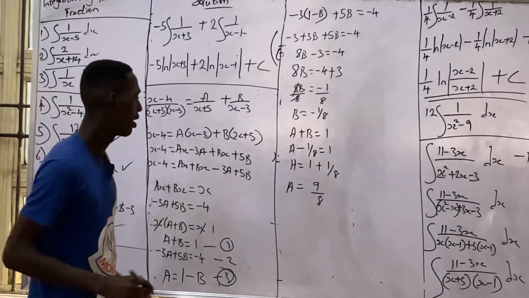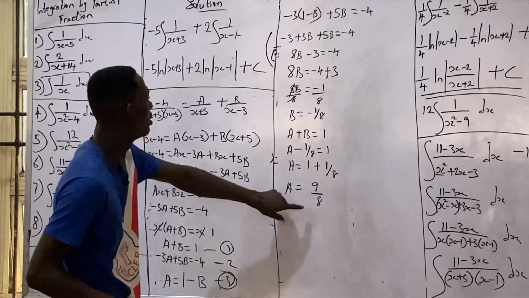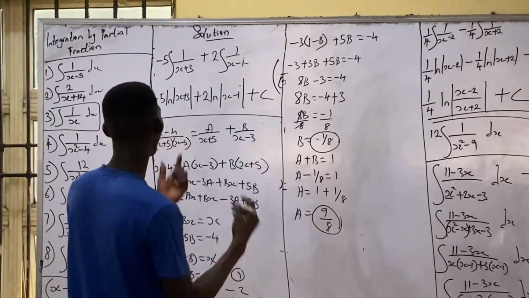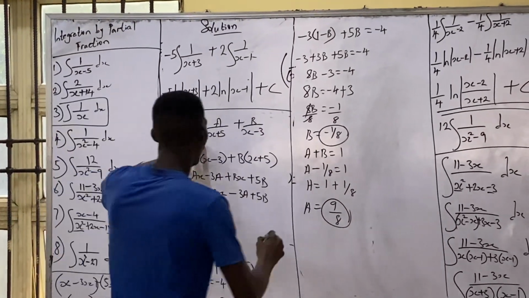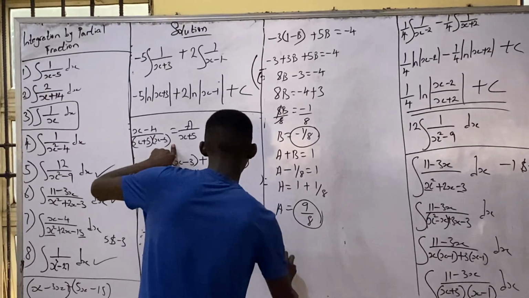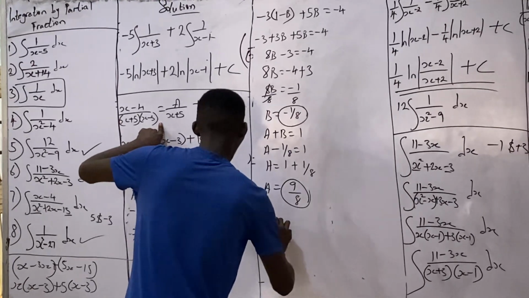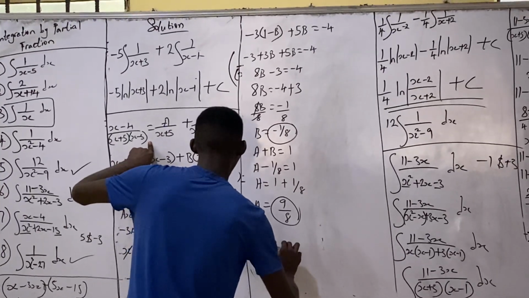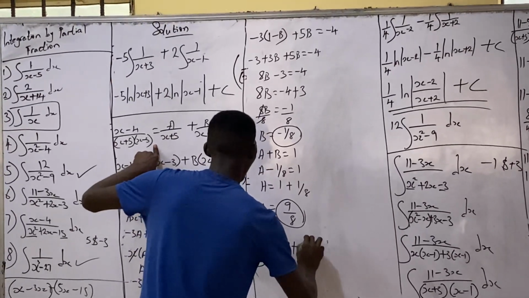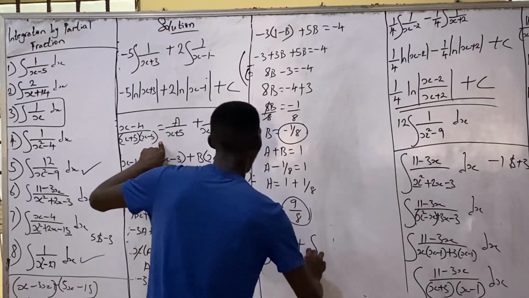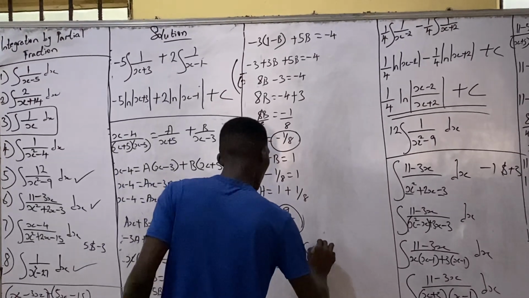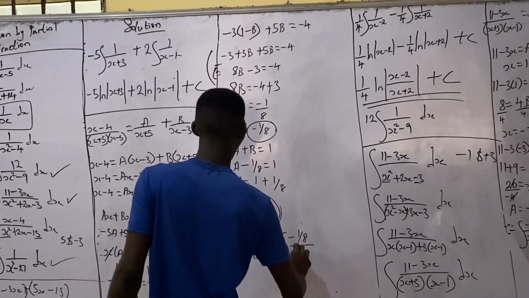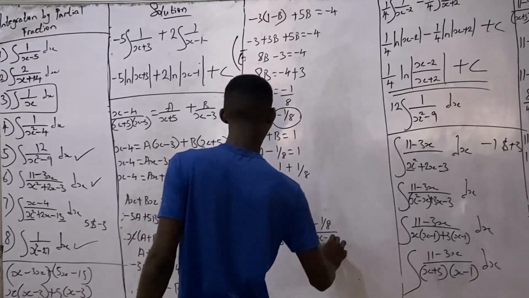Since we have gotten our A and we have gotten our B, we can now rewrite our expression here. A is 9 over 8 over (x plus 5), plus B, which is minus 1 over 8 over (x minus 3).